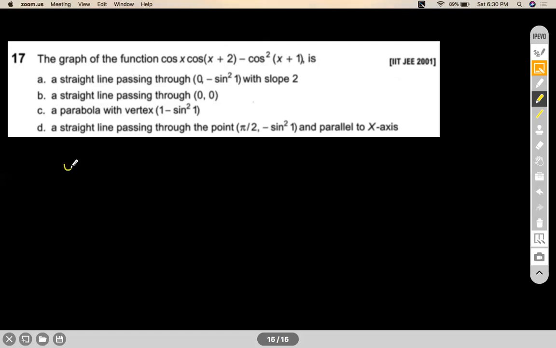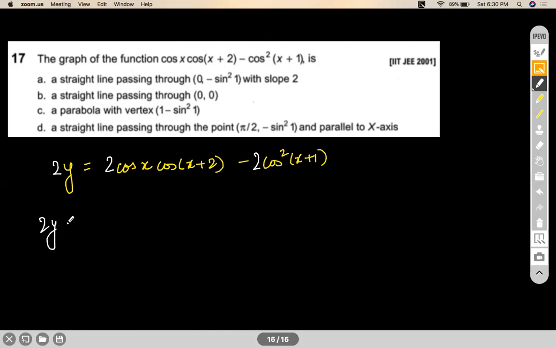So basically your function was y is equal to cos x plus 2 and cos square x plus 1. Now what I'm going to do is multiply this with a 2. So we all know that 2 cos A cos B is cos(A plus B) plus cos(A minus B).